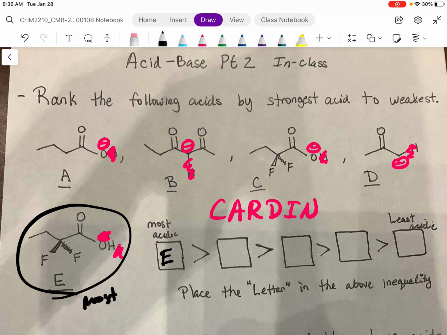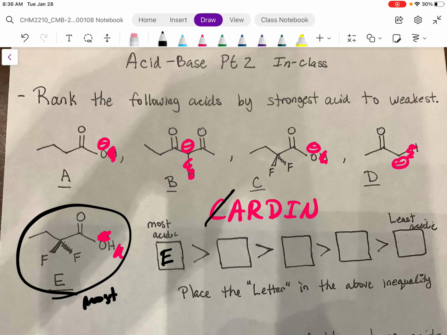So we use the cardinal rule to find charge. But now when we look at A, B, C, and D, they all have a charge, so we don't use that letter. Now we go to A, which is for atom. A has a negative charge on oxygen. B has a charge on carbon. C has a charge on oxygen. D has a charge on carbon. So which atom can stabilize the negative charge better?